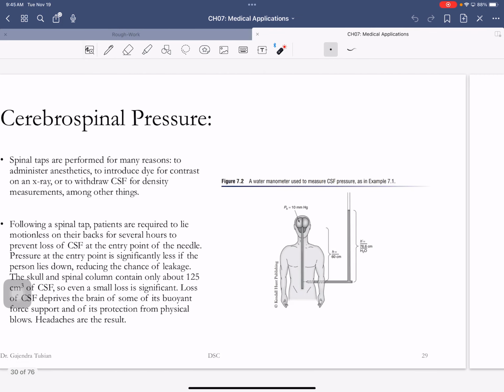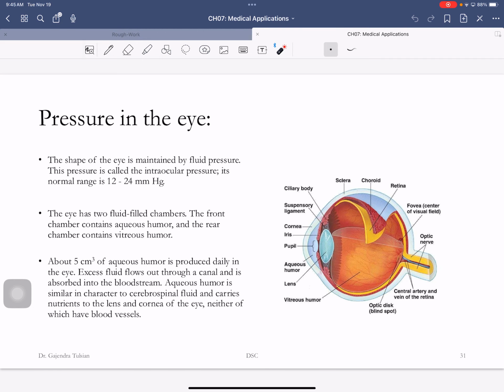Okay. All right, now let's talk about the eye. All right, so the cornea and the lens, they do not have blood vessels. Okay, so to supply them with nutrients and oxygen, the eye produces an aqueous humor.